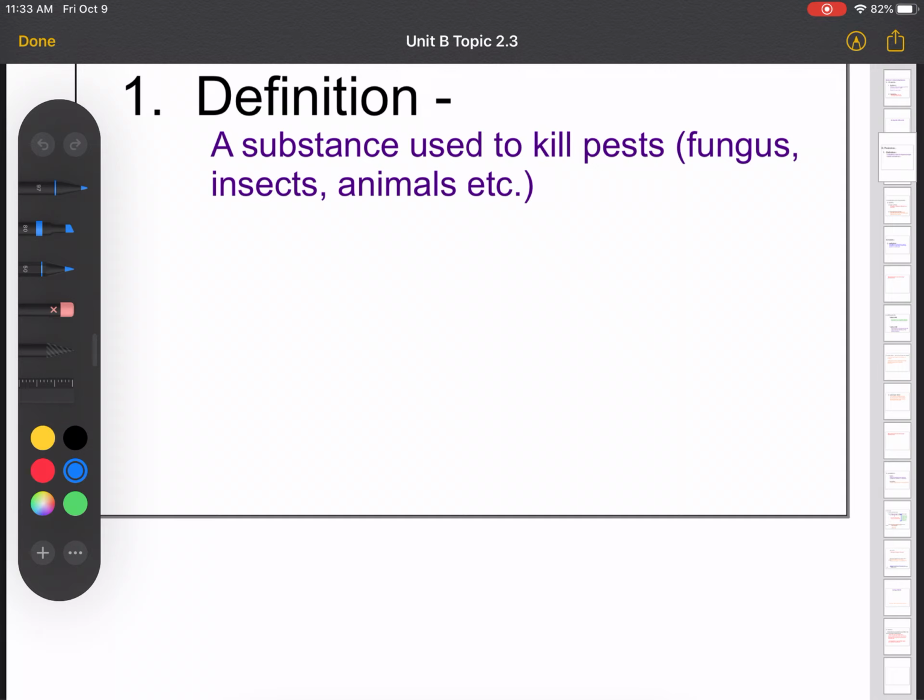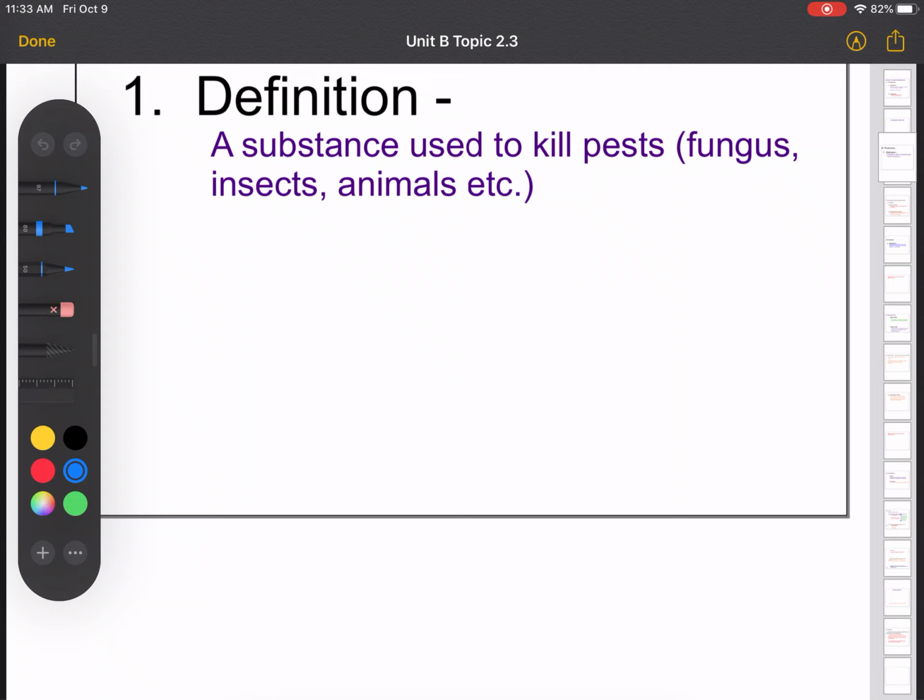Insecticides basically kill insects or damage them. This is because insects can damage agriculture and forestry and cause disease in these things. So these insecticides kill the insects.